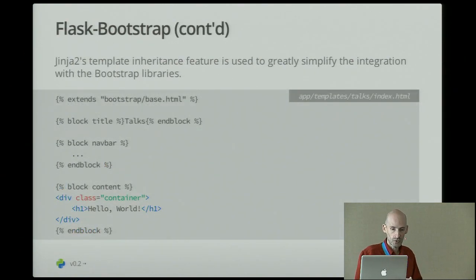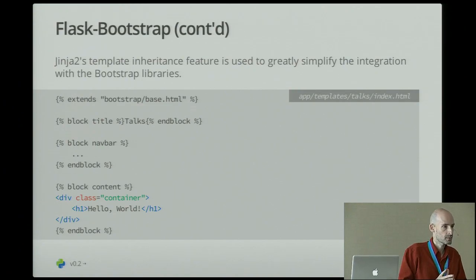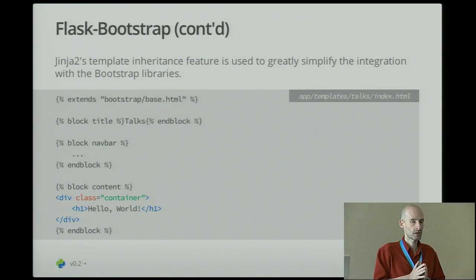So how does this work? You don't have to worry about your main HTML document. Flask Bootstrap comes with a base document that has all the Bootstrap CSS and JS files included. It takes advantage of a feature of Jinja2 templates called template inheritance.